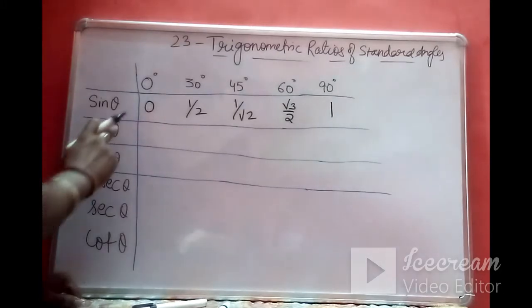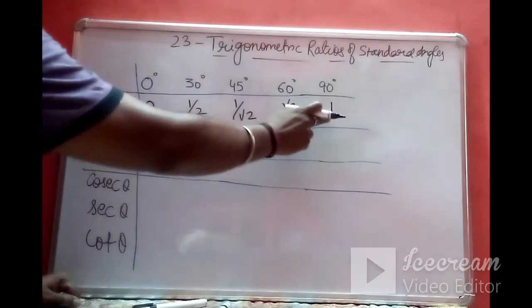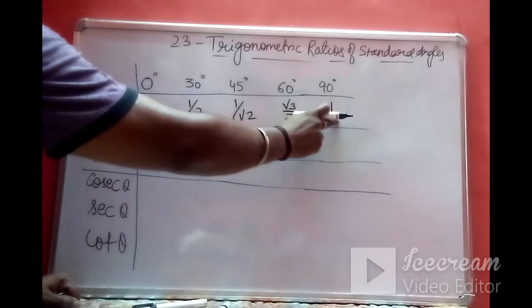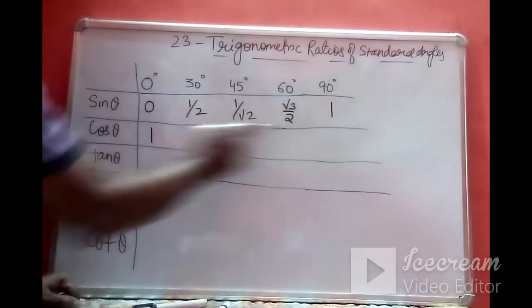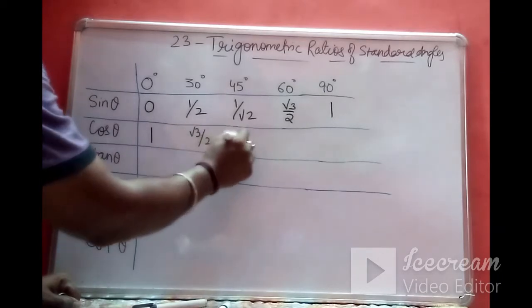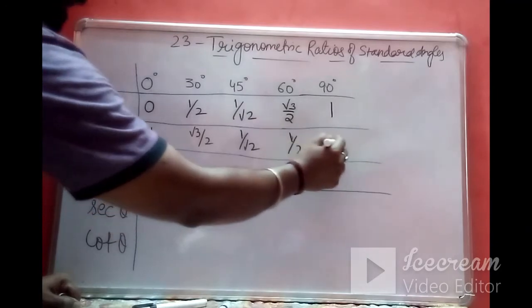Now when you want to write the values for cos theta, you can start writing the values backwards. That means I will write 1 first, then root 3 by 2, then 1 by root 2, then 1 by 2, and then 0.